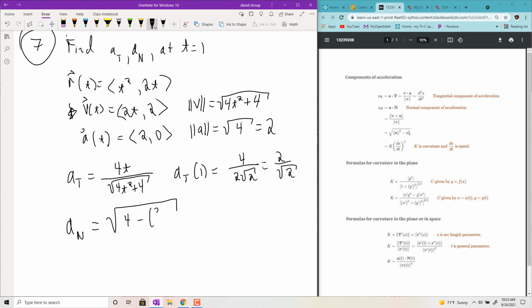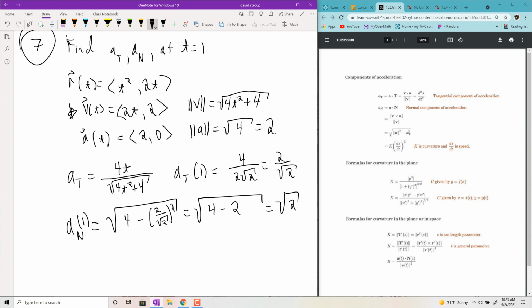So that would be 2, and this is then evaluating at 1. Right, so 2 all over root 2 squared. I get the square root of 4 minus 4 over 2, which is 2, so I get square root of 2. And both those answers are the same. They don't look the same, but if you rationalize, you'll just get square root 2 for both of them.